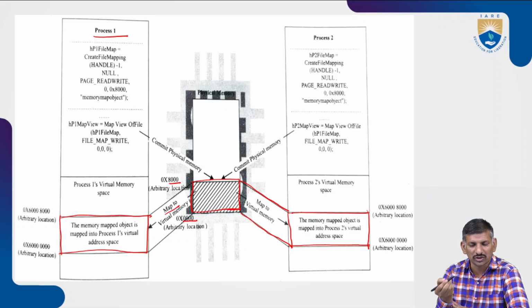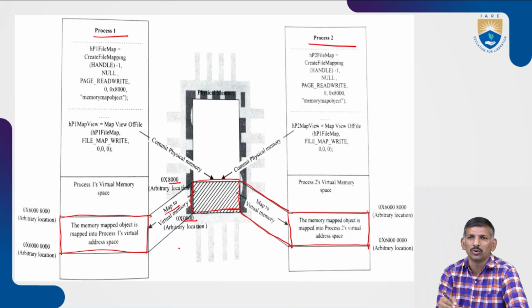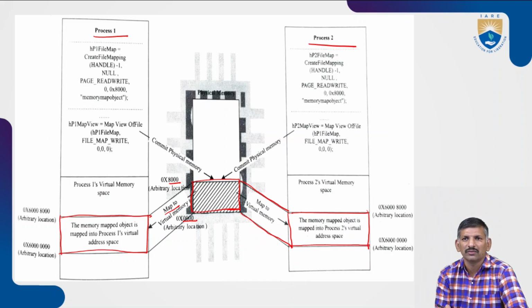So the process which wants to write the data first maps that and writes the data to the physical memory. The process which wants to read the data first maps its virtual memory space to the physical memory and reads that data. In this manner, the memory is mapped to the virtual memory and read and write operations are done.